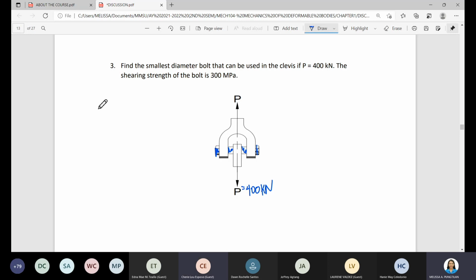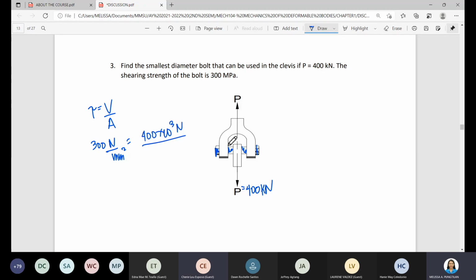So, direct substitution lang. The shearing stress is equal to the shearing force all over the area. The shearing strength is 300 megapascal or 300 Newton per square millimeter. P is just the same with our shearing force. So we have 400 times 10 raised to 3 Newton.